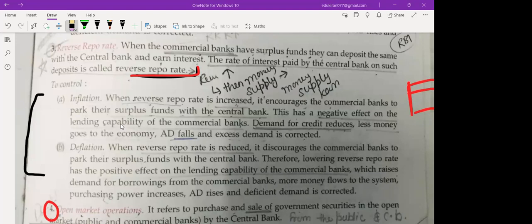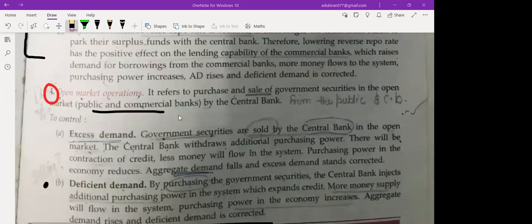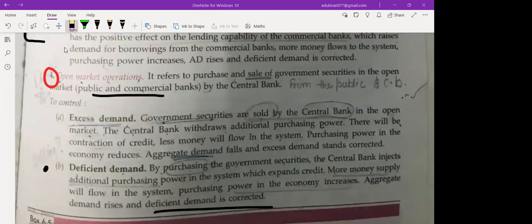Correct. Very good. Now, open market operation. First read it and then explain. It refers to the purchase and sale of government securities in the open market.